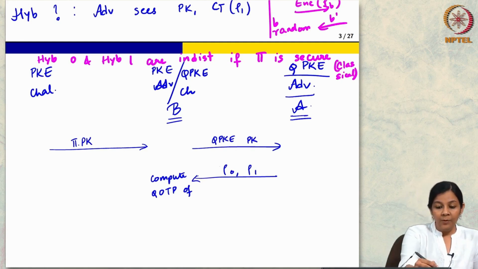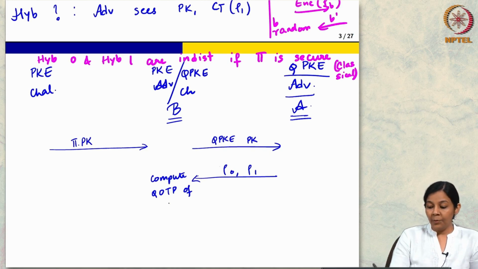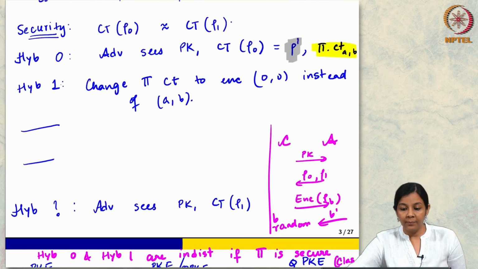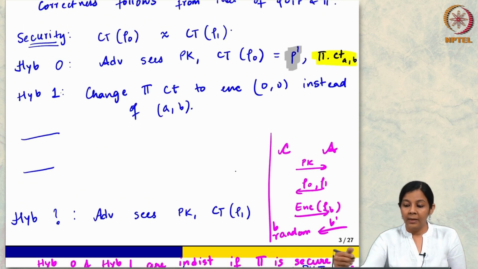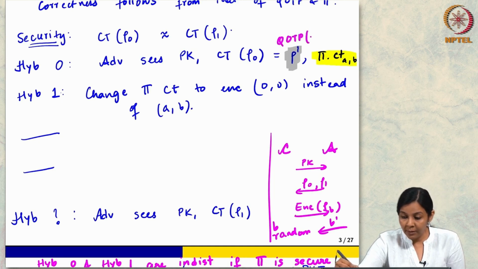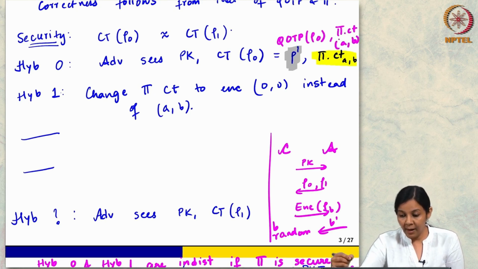So, now tell me what should B compute the QOTP of. Remember what is hybrid 0 and what is hybrid 1. Hybrid 0, let us be very explicit. What is rho prime? It is QOTP of rho 0, and pi dot CT of A comma B. This is our ciphertext in hybrid 0.